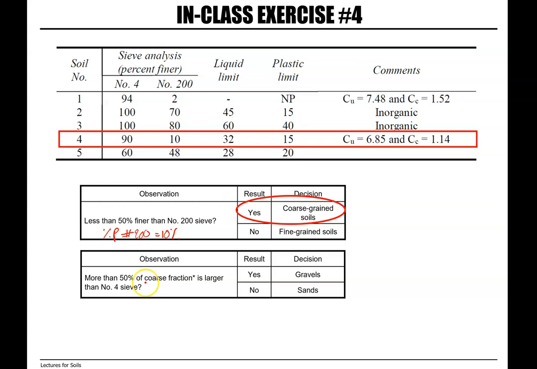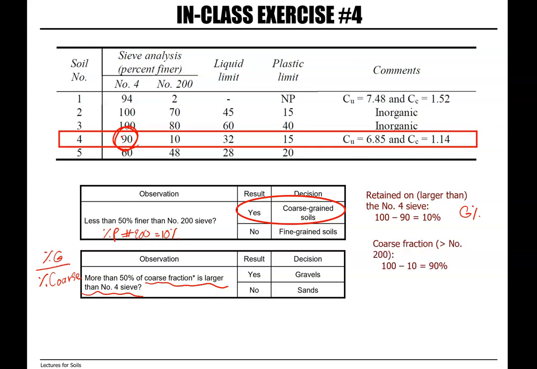So we need to calculate coarse fraction larger than number 4. And that's percent of gravel divided by percent of coarse material. So this is how much gravel we have, 100 minus percent passing from sieve number 4.